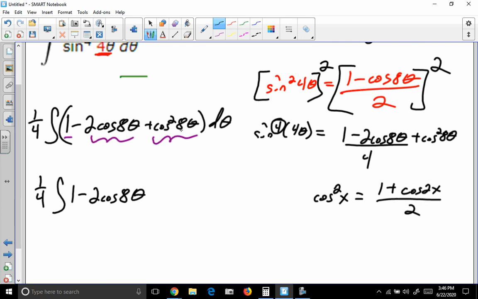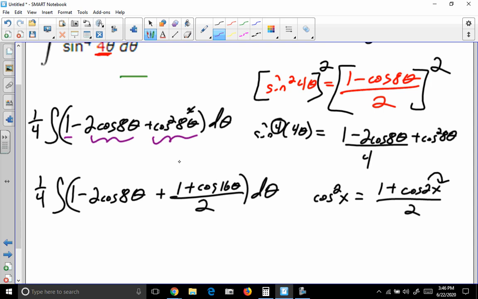So whatever this angle is, that's our x. We're going to change that to 1 plus cosine of twice that angle. So 8 theta becomes 16 theta, and that becomes over 2. So 1 plus cosine of twice the angle over 2.